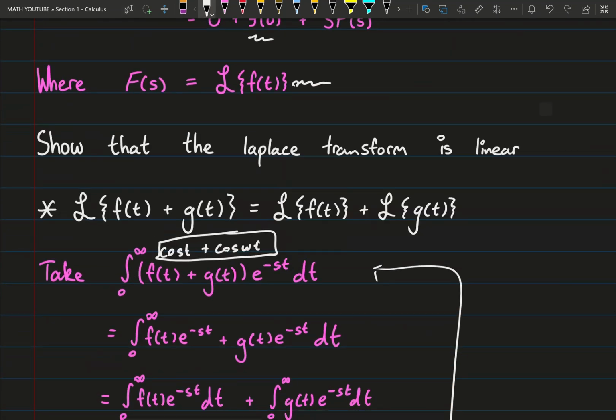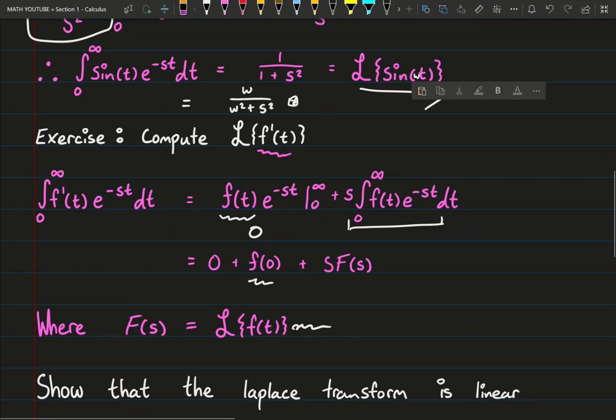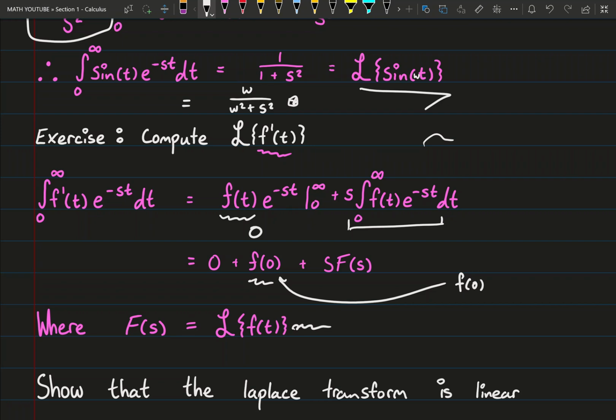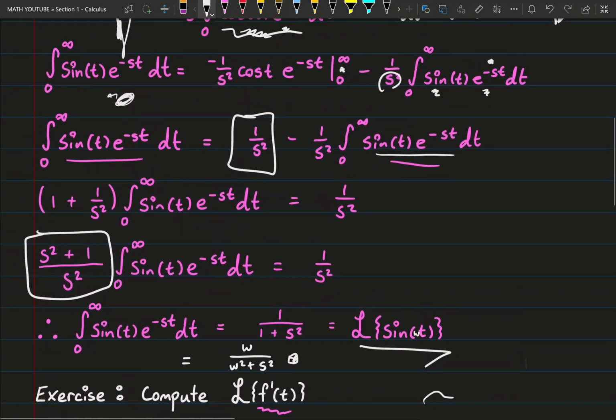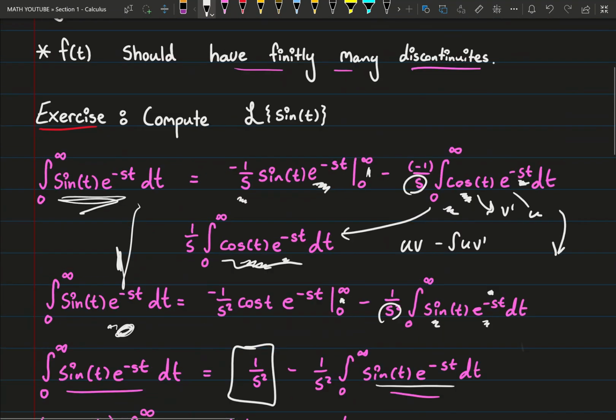And we have done a couple of examples involving the derivative, and we will look at the second derivative next time. And we learned that we need to know one key piece of information on the function itself, and that is f of 0. If we don't have that information, we cannot use the Laplace transform. And we also computed the Laplace transform of sine t.